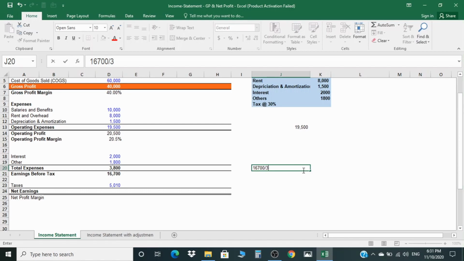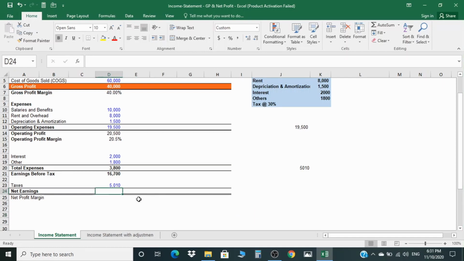So it's 30% divided by 100, right? Okay, now you have to put equal. Okay, so this is your tax, right?